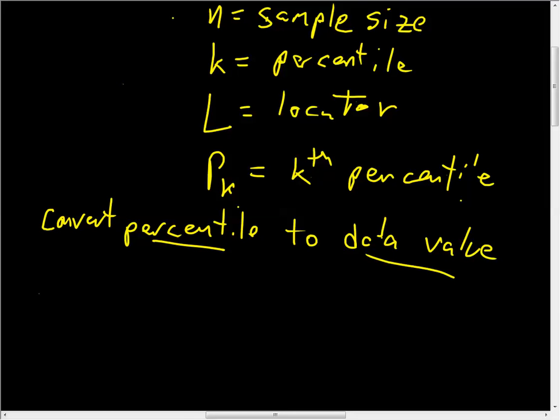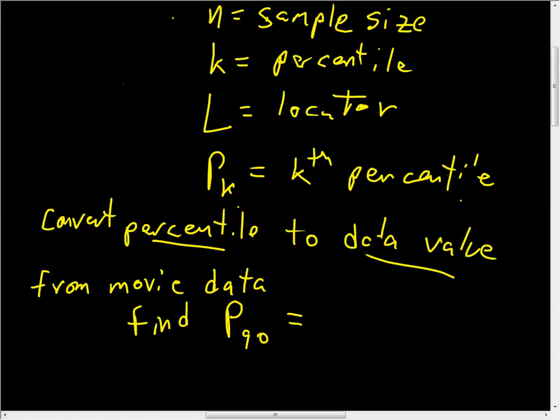From the movie data, given in example 2, on page 116, we want to find the 90th percentile. Again, this is our notation for the 90th percentile.